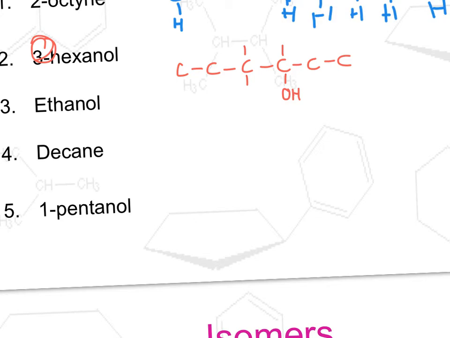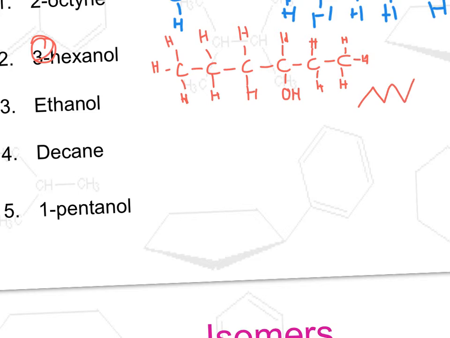Then you just fill it up with hydrogens. This one needs 3 hydrogens. This one needs 2. This one needs 1, 2, 2, and 3. If that's too much, you can just draw your stick structure.